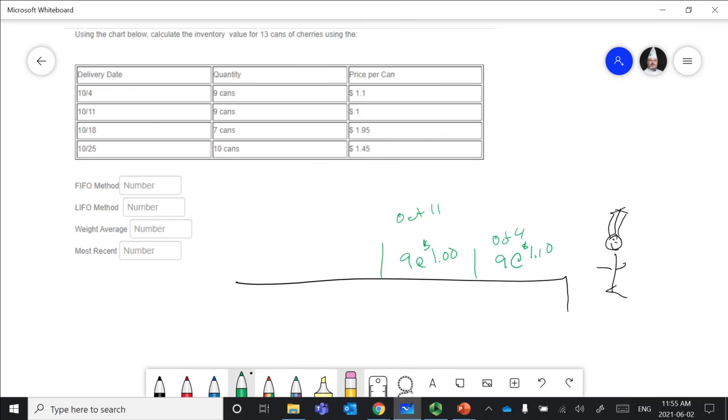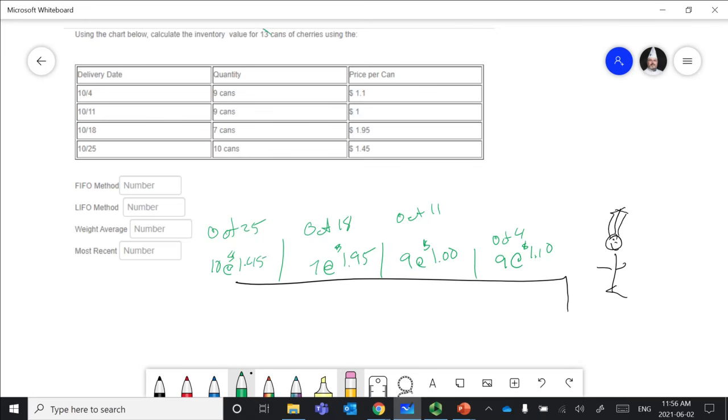Notice I'm setting up my shelf just as I would stock it normally, right? All the newer stuff is going in behind. And then we had 7 at $1.95 on October 18th. And then our newest was 10 cans at $1.45 on October 25th, right? So our shelf is stocked.